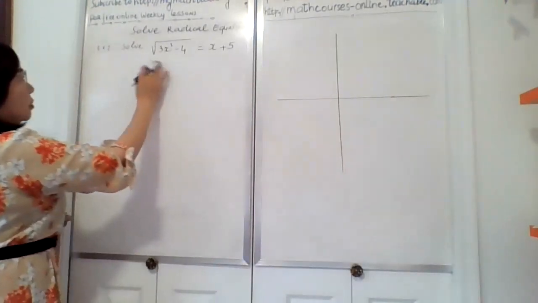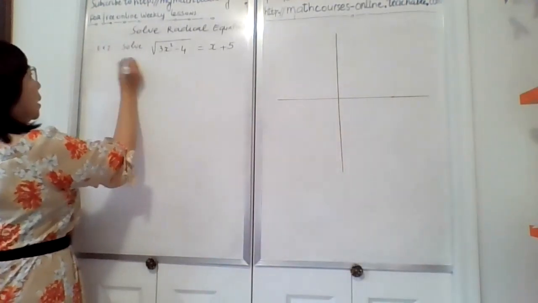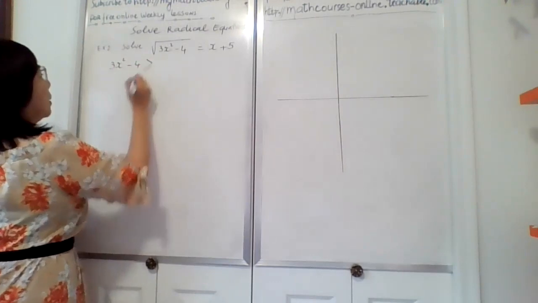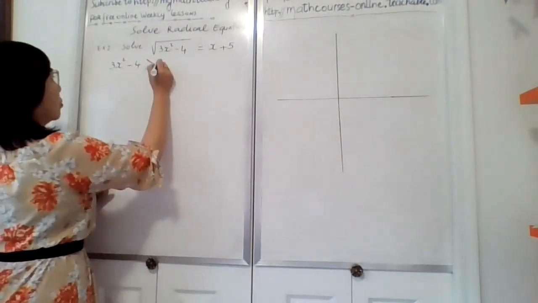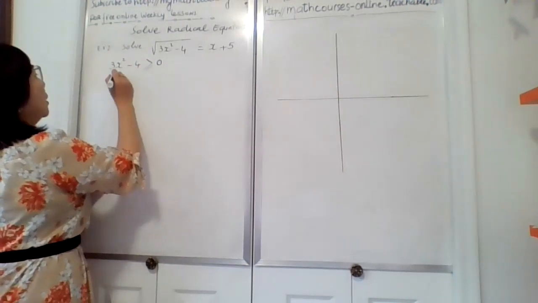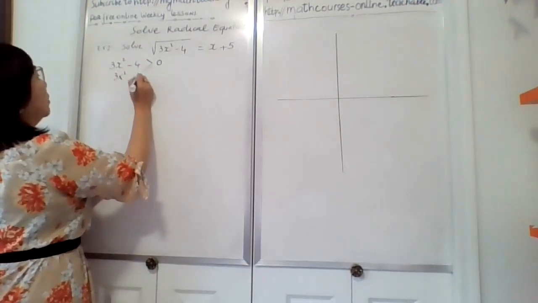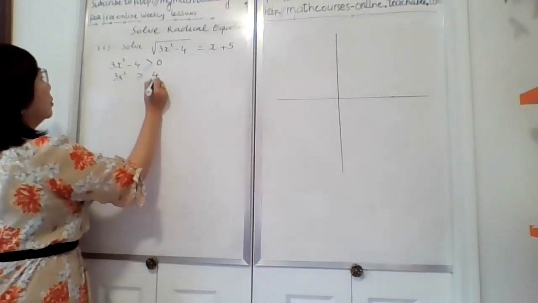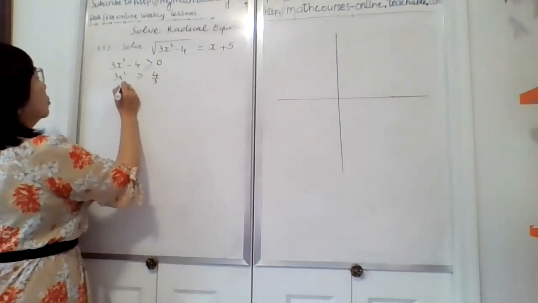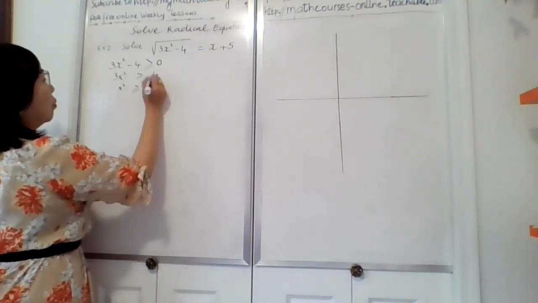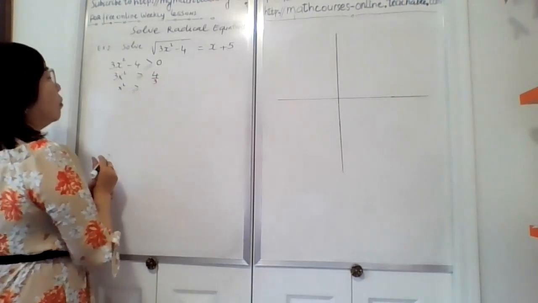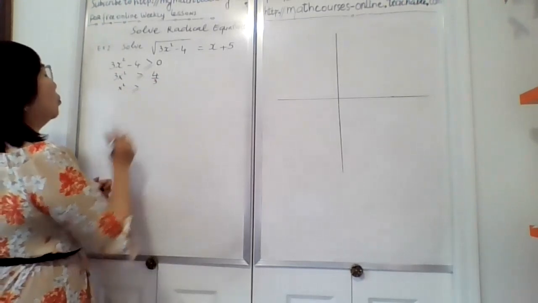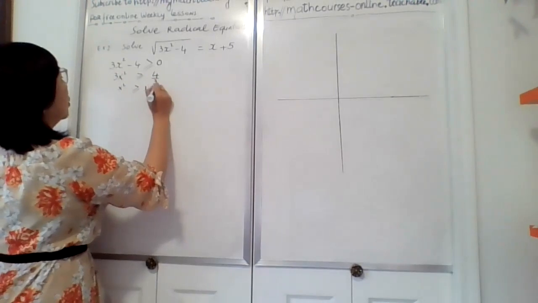Good. So again, we're going to state the domain for this. So we're going to say 3x squared minus 4 has to be bigger than or equal to 0. So 3x squared will have to be bigger than or equal to 4. Divide both sides by 3. It means x squared has to be bigger than or equal to 4 over 3. And 4 over 3 equals 1.33, right?